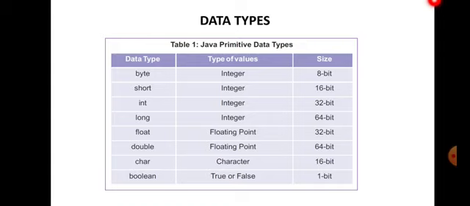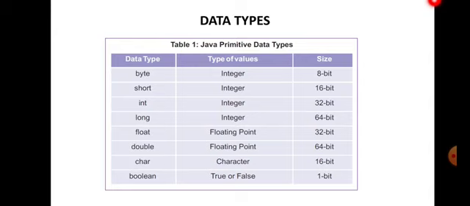Point number 3, it contains boolean, that is yes or no. That is, when you toss a coin, you can have either head or tail, which is called boolean. And numeric type, which is in the form of integer, float and then character. Now you have understood what is called a primitive data type.